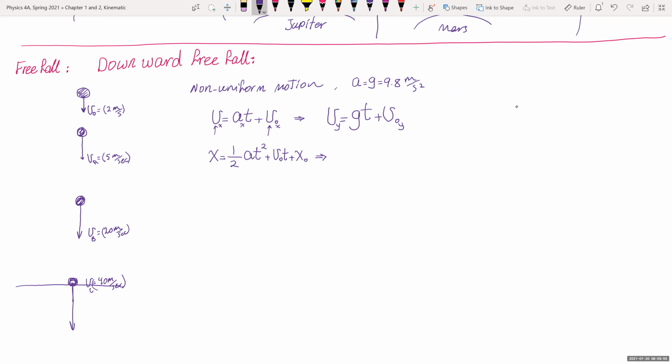Remember, x is called final position on x-axis. x naught is called initial position on x-axis. So my equation becomes this. Instead of x, we have y equals 1/2, instead of a, I put g, t squared plus v naught t plus, instead of x naught, y naught.